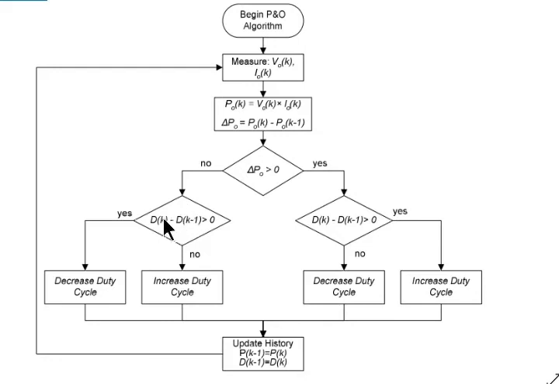If the present duty cycle minus the previous is greater than 0, it means we increased the duty cycle and the power is reduced, so we should decrease the duty cycle.